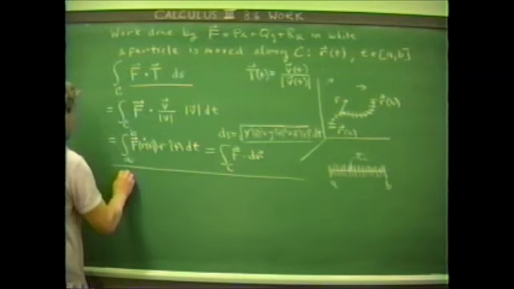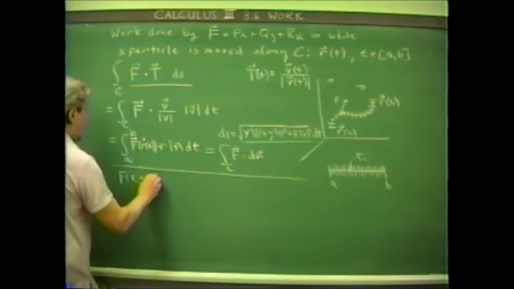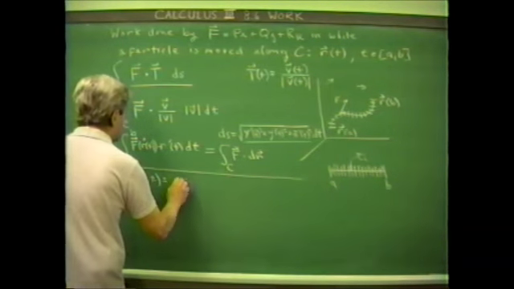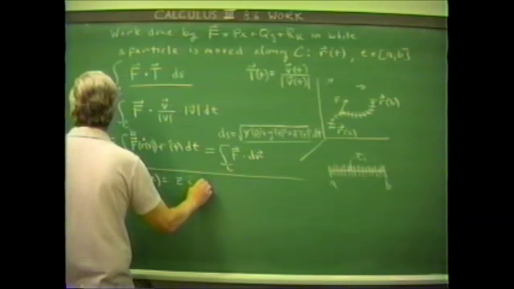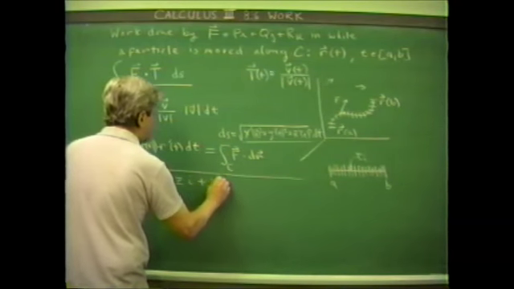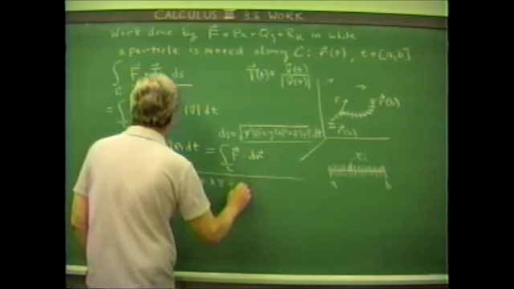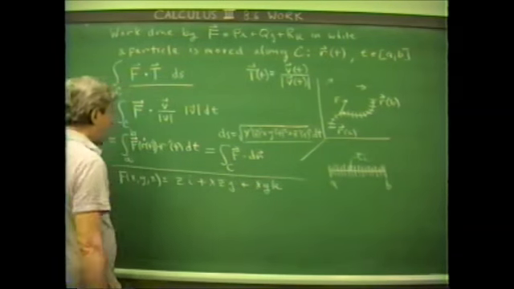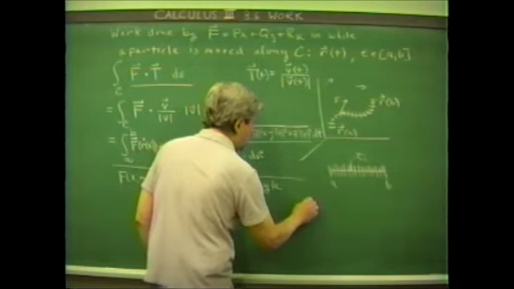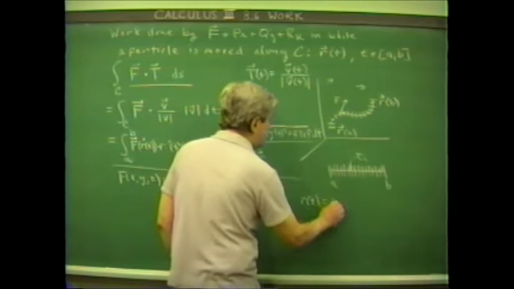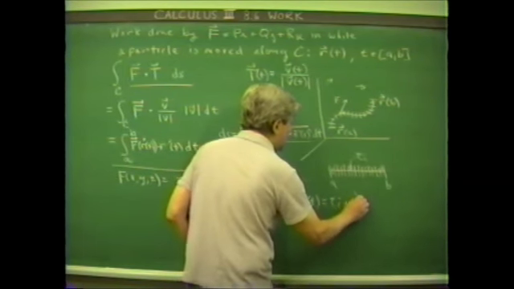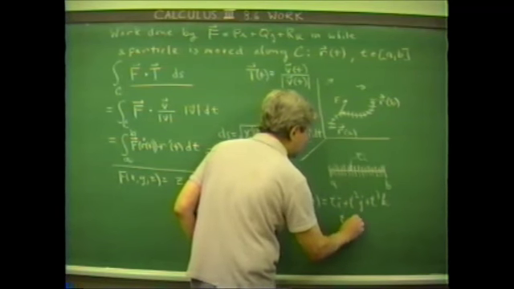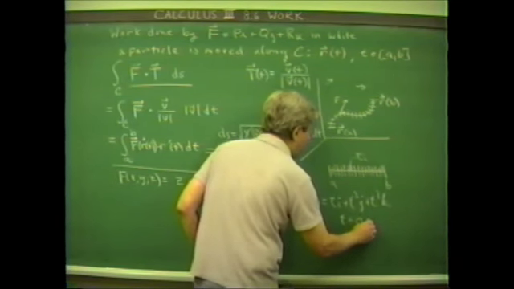Let's suppose that F of x, y, and z is equal to zi plus xzj plus xyk. And let r of t be equal to ti plus t squared j plus t cubed k, with t in the interval 0, 1.